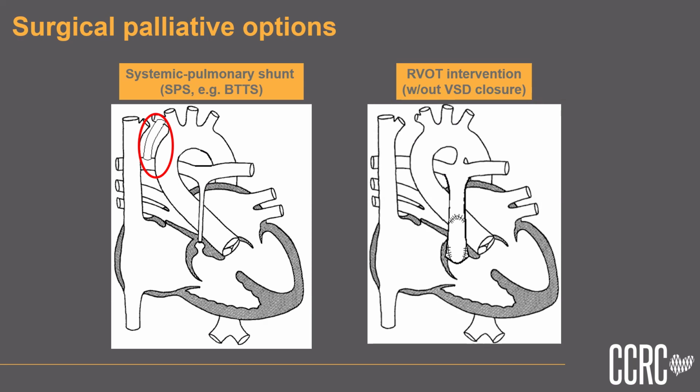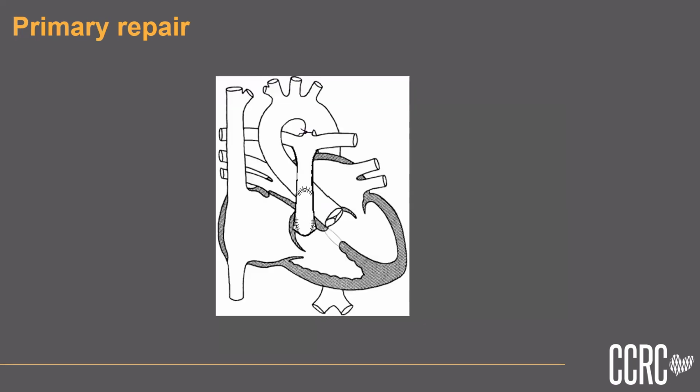Abby, that was a great overview, and I really like highlighting the difference because I've had some questions come up about what you call palliation. What's the difference between palliation and primary repair surgery? Basically, at the end of a primary repair, you're going to be left with two ventricles, a working RV and a working LV, almost quote unquote normal circulation.